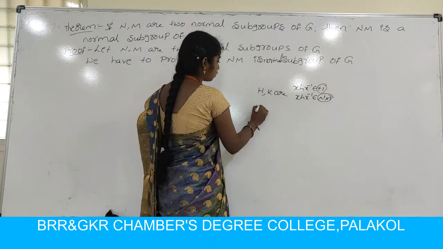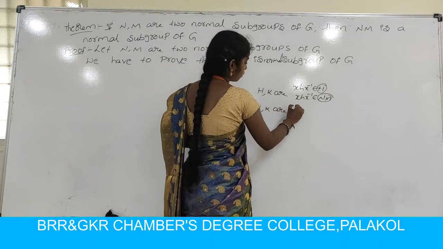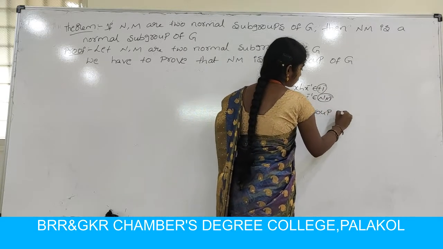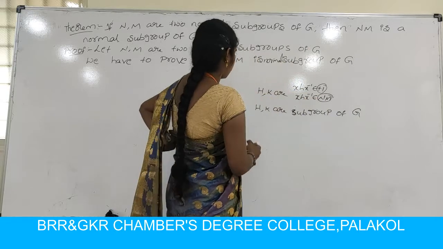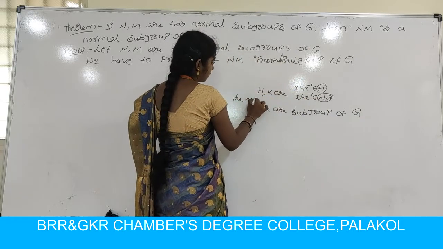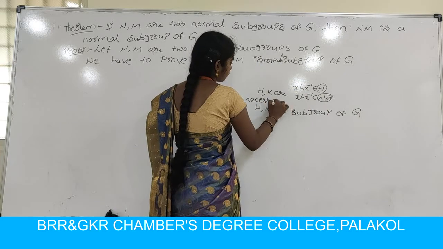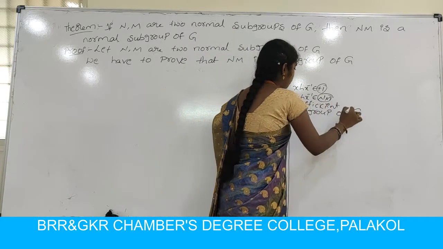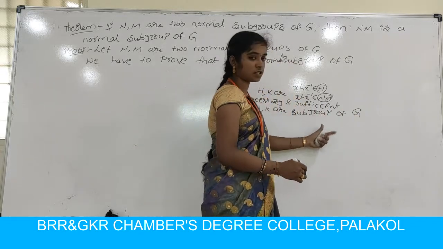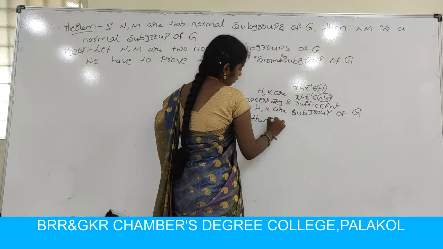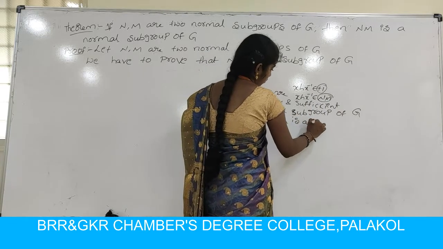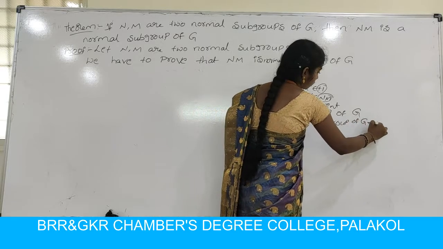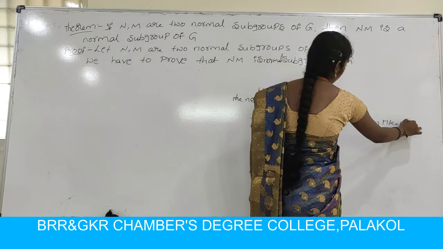Already you know the necessary and sufficient condition: H, K are subgroups of Z. Then HK is a subgroup of Z if and only if HK equals KH, by using this theorem.